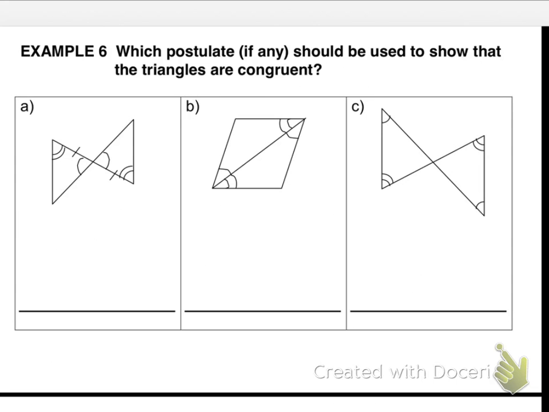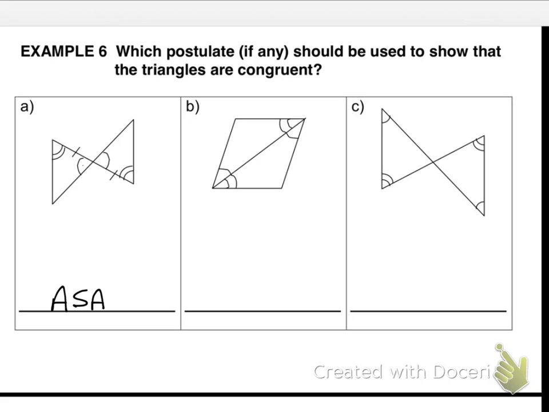So looking at these pictures in example 6, which postulate, if any, would you use to show that these triangles are congruent? So from the marking, we've got here an angle, a side, and an angle in A. So that one would be angle, side, angle.